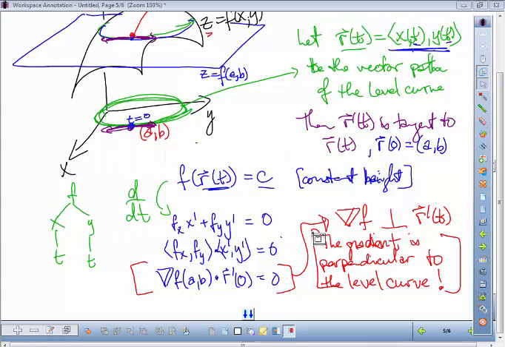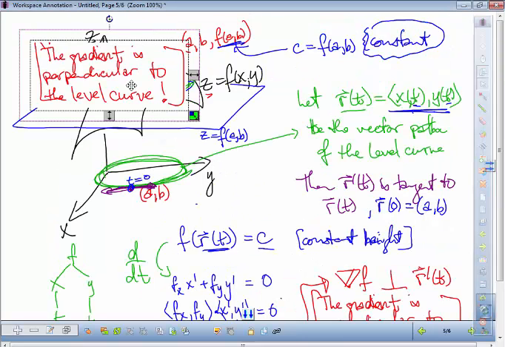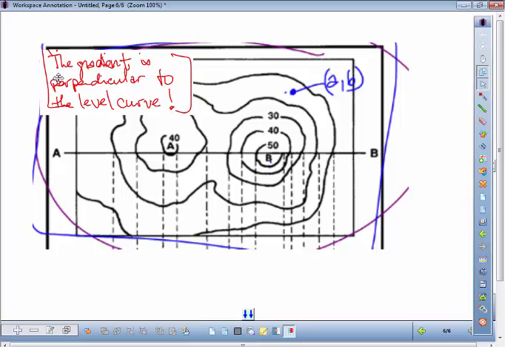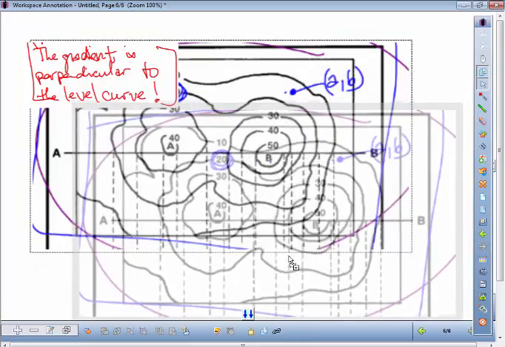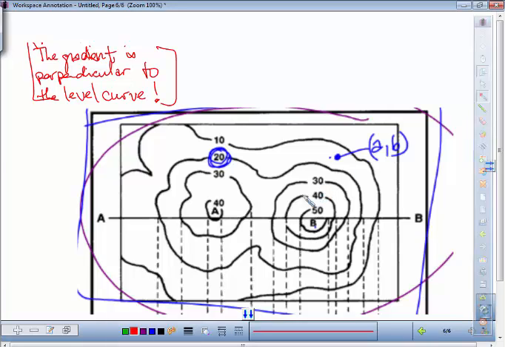Let's think about what this means. If we take a look at this level curve and I pick any point on the level curve, let's pick a point maybe right here.